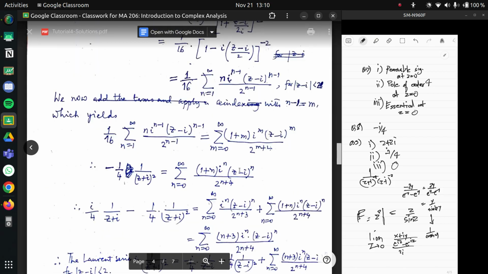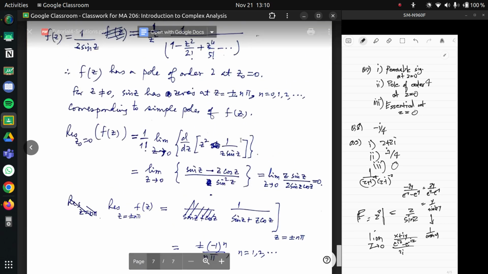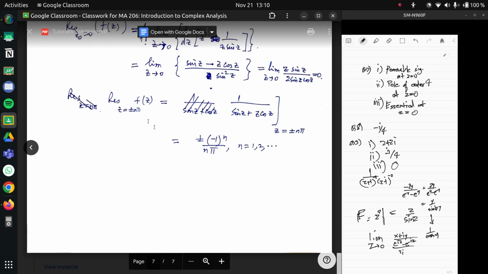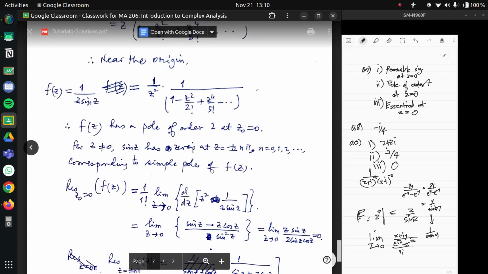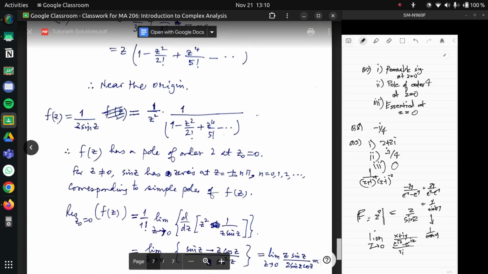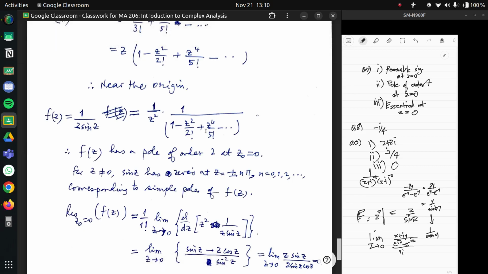Okay. So you got that. Okay, so the residue at these points. Oh, so when they say find the residue, they mean find all the residues. See, so nowhere else will the 1 by z have a limit. Yeah.